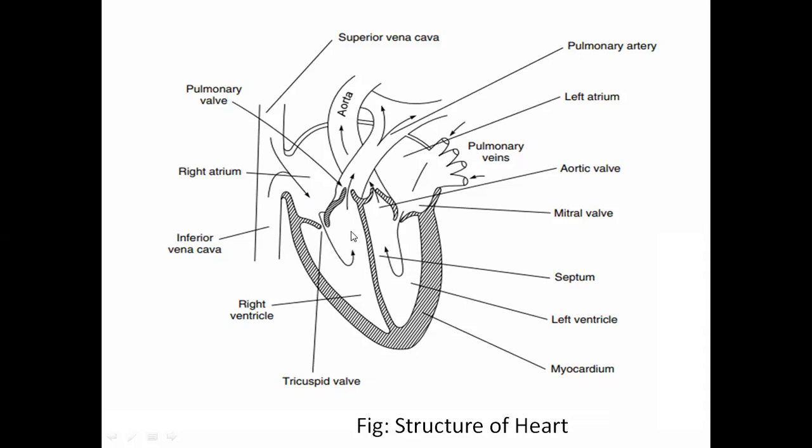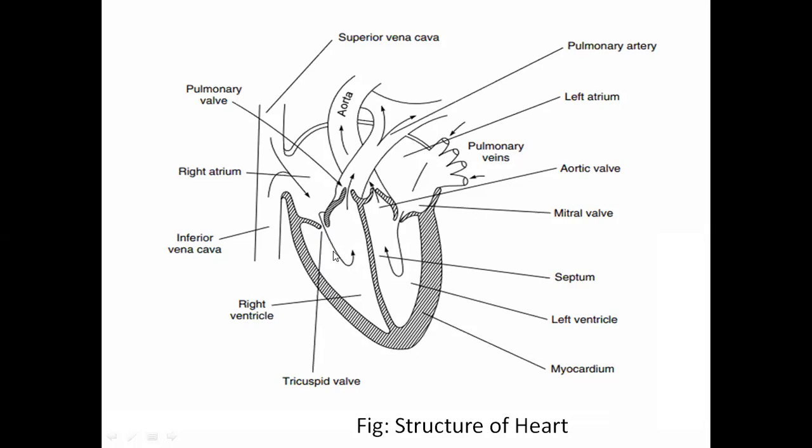When sufficient pressure is built up in the right ventricle, this tricuspid valve closes because of the developed pressure, and then the blood flow from the right atrium to the right ventricle stops.